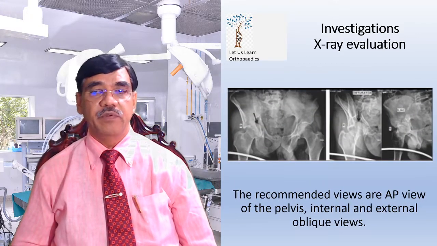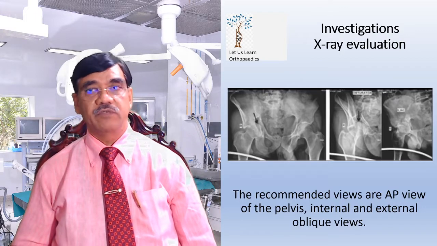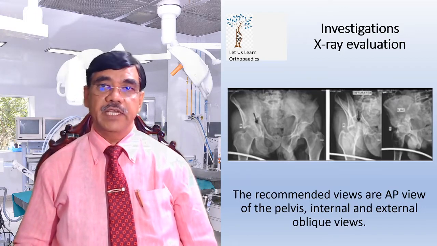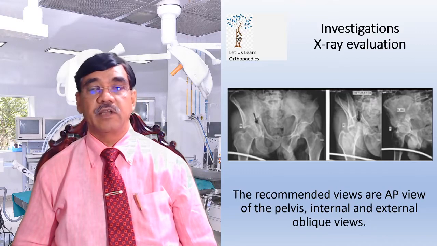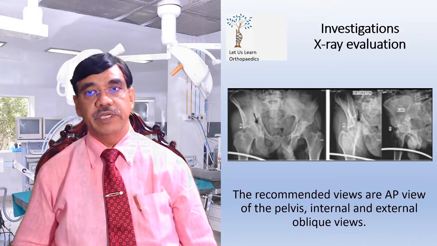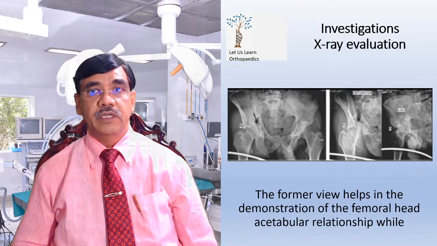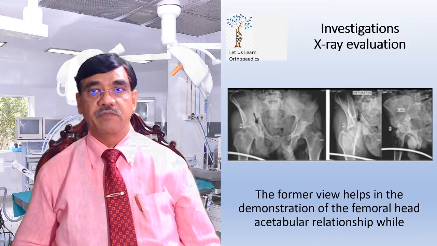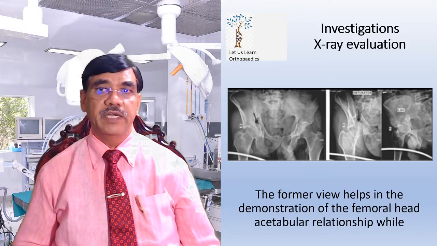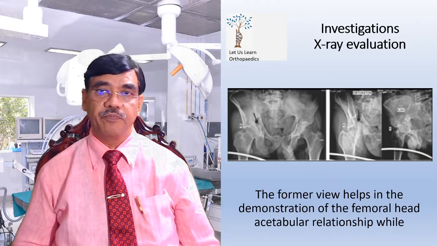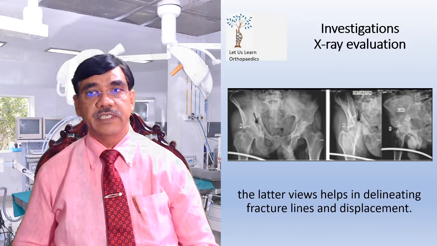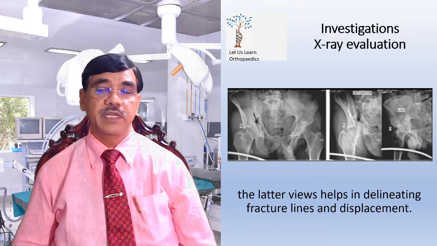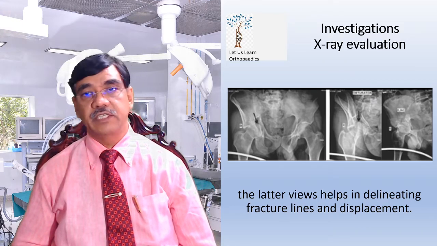The recommended views are the AP view of the pelvis with both hip joints, and then the internal and external oblique views as suggested by Judet. The X-ray pelvis, that is the formal view, helps in demonstration of the femoral head and acetabular relationship, while the latter, that is Judet's views, help in delineating the fracture line and the displacement.